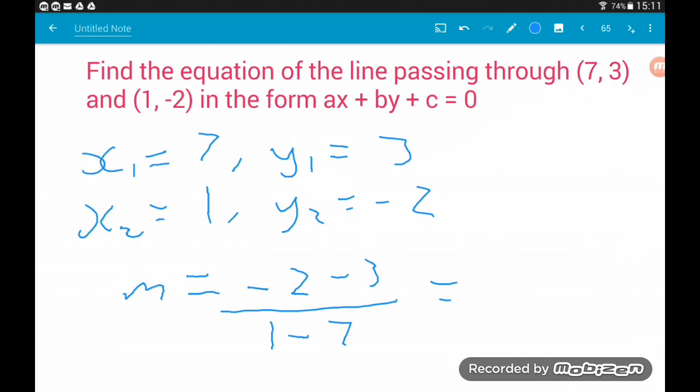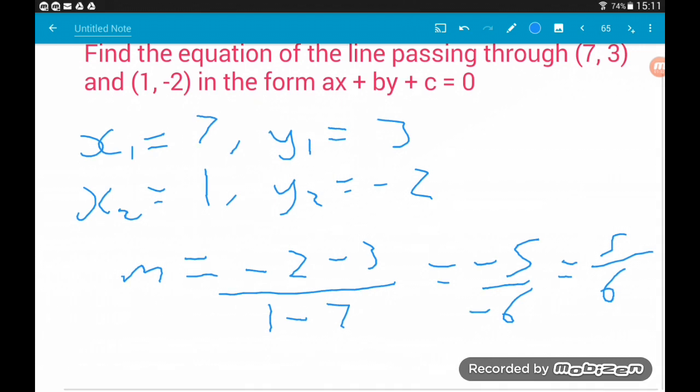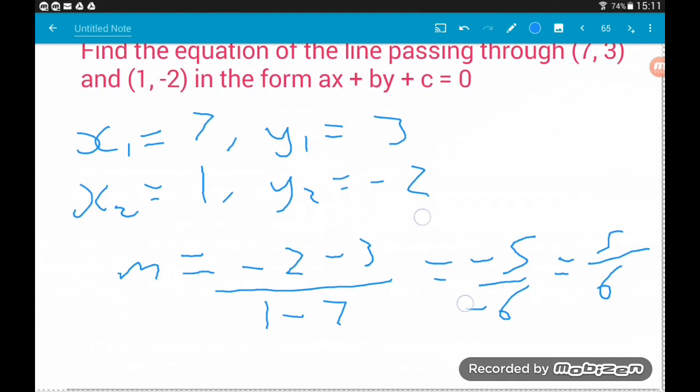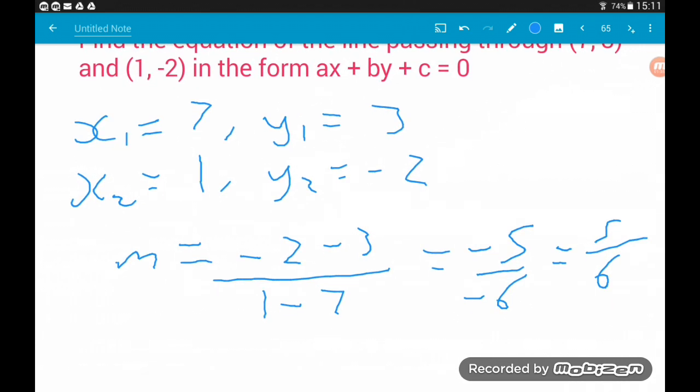So that's going to give us minus 5 over minus 6, which is positive 5/6. So actually here I'm going to use y minus y1 is m times x minus x1. The reason that I'm using that is that we then don't need to faff around finding the y-intercept.